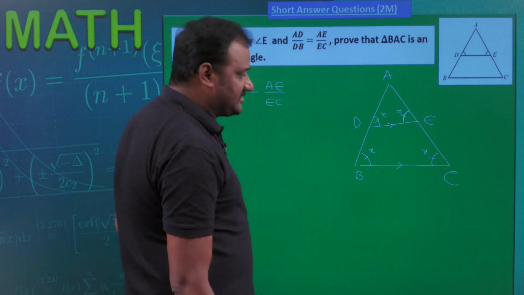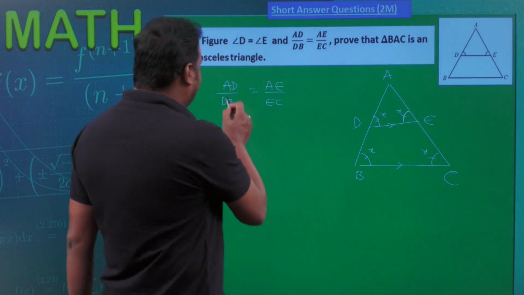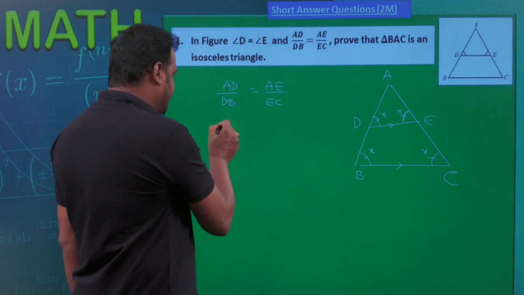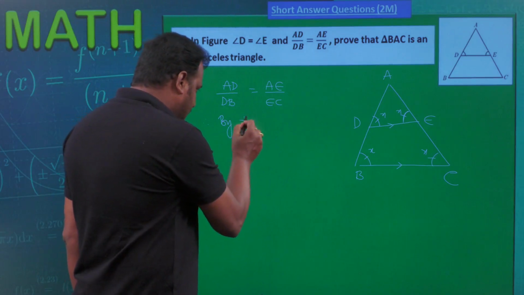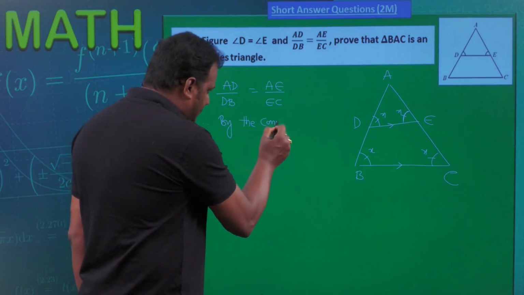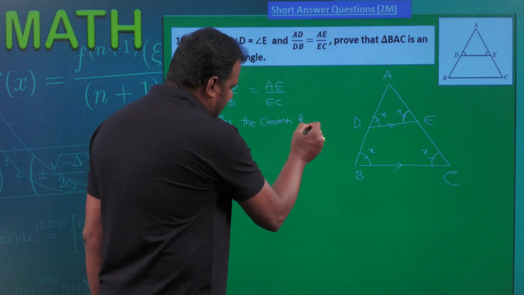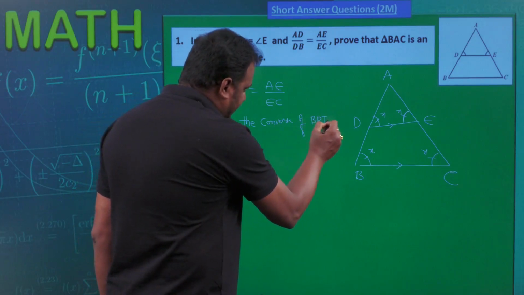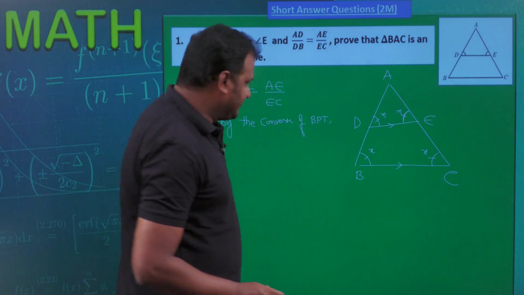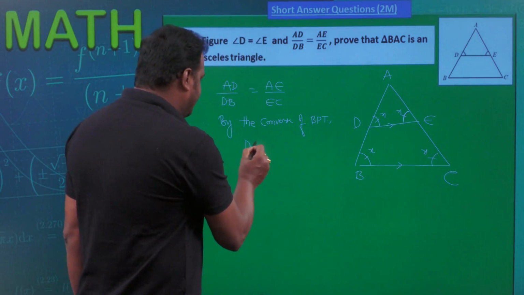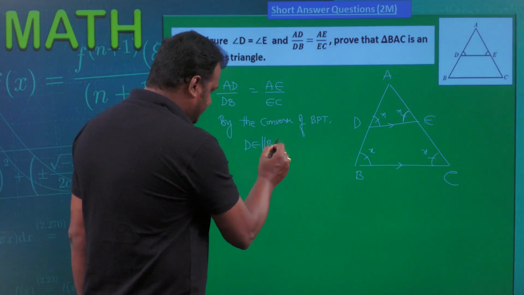So when you write the steps: AD by DB is equal to AE by EC. Therefore, by the converse of the basic proportionality theorem, DE is parallel to BC.